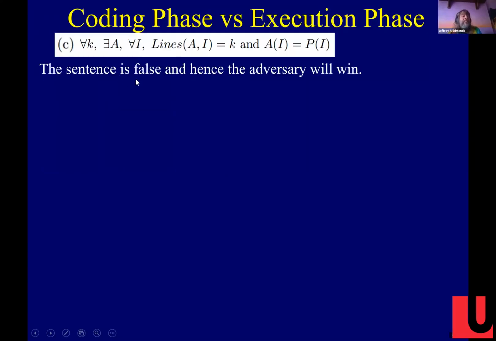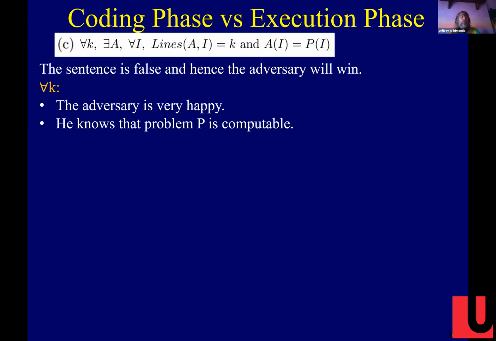All right, so is this sentence true or false? I'm claiming this sentence is false. And let's prove that it's false. Well, to prove it's false, we need a strategy for the adversary. So we're going to tell you what the adversary does. The adversary is very happy because he knows he's going to win. The adversary knows maybe the computational problem P is a perfectly good computable problem.